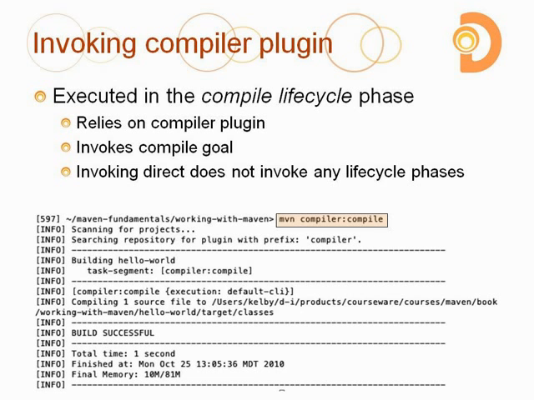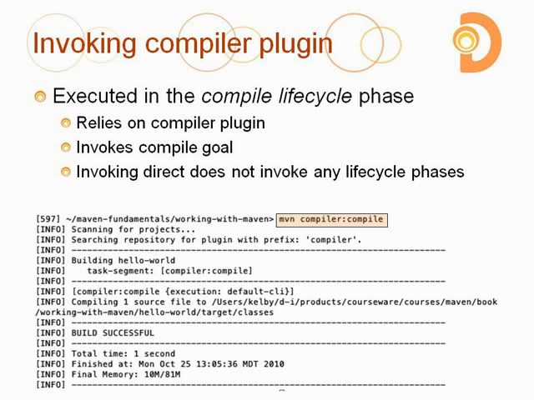So process resources is part of the lifecycle phase for compile. When I invoke the compiler:compile command, the whole process resources piece doesn't get executed. So I am, in other words, bypassing all of the precursor elements in that phase and invoking the specific task, if you will.